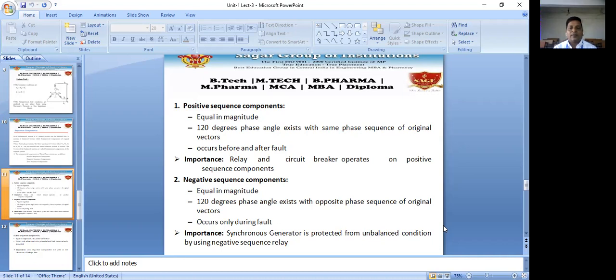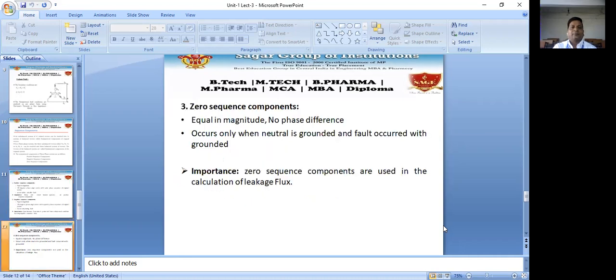Importance: a synchronous generator is protected from unbalanced conditions by using a negative sequence relay. Zero sequence components are equal in magnitude with no phase difference between the three phases. They occur only when the neutral is grounded and the fault occurs with ground. Zero sequence components are used in the calculation of leakage flux.